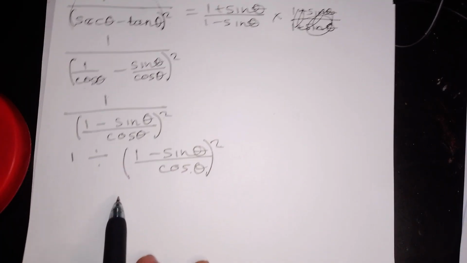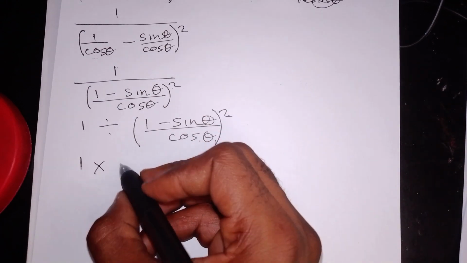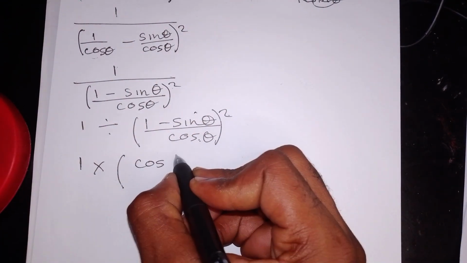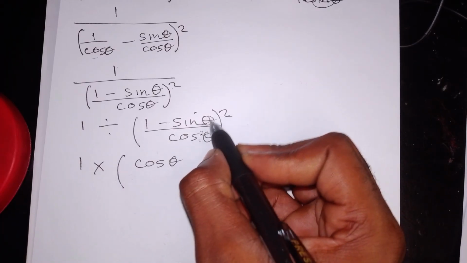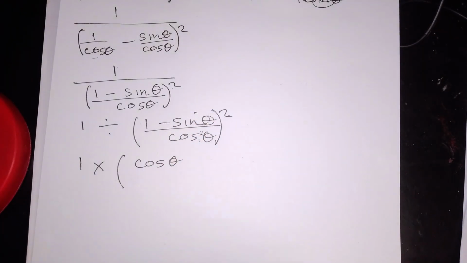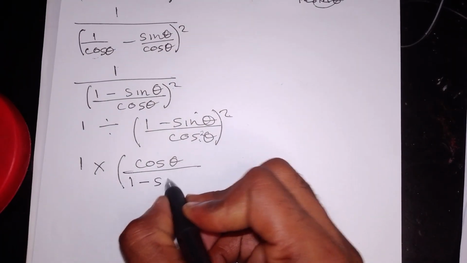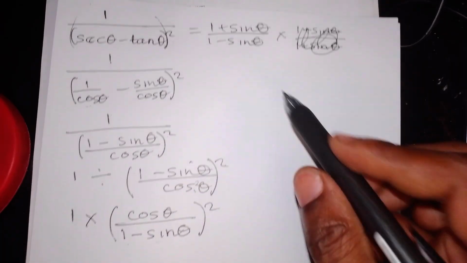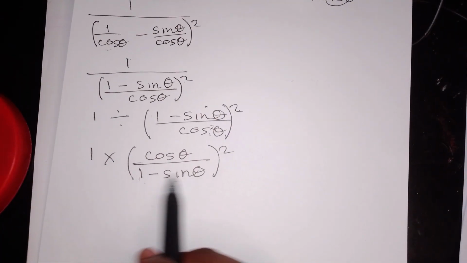What you can do is reciprocate it, and then maybe along the way we can figure it out. So once you reciprocate, the power will not be affected, because remember, this is squared and this is also squared. So once you reciprocate it, you don't expect the power to change. So it's good that we have this in the denominator, so do not tamper with it.